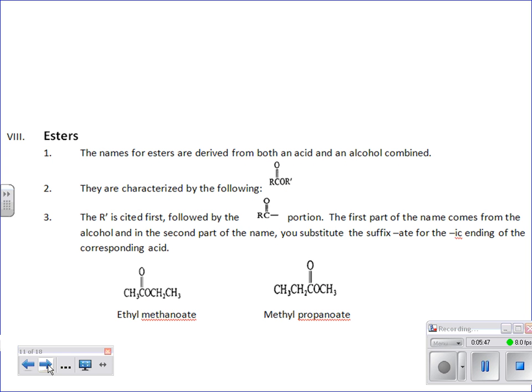And here we have our last one, esters. And really these come from both. When acids and alcohols are combined, you get esters. What you're going to notice when you're looking at the chain is you're going to see a double bonded oxygen to a carbon, and you're also going to see another oxygen within that chain. So you've got some verbiage here about how you can go through figuring this out, but another really easy way to think about this is if you follow towards the oxygen.